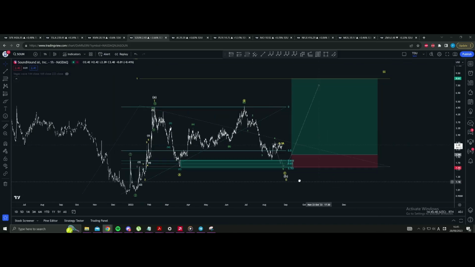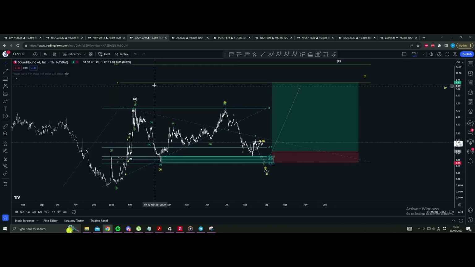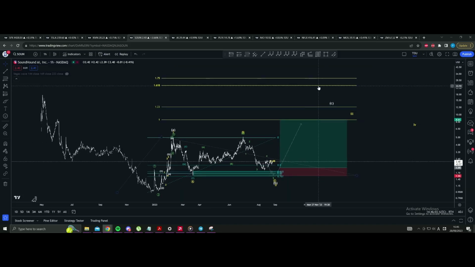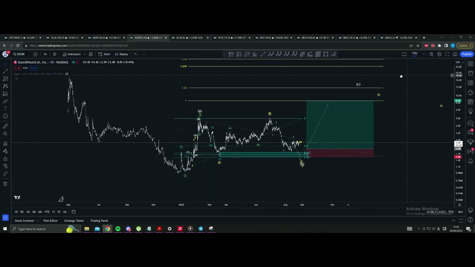Then we have the targets for the wave C, which would be 1 to 1 of the wave A, so A, B, C here. We got triggered here, we were already in, or if not, we're hoping for the wave 3, which would be somewhere there around 24. All right, of course conservative, right? Because it's AI.